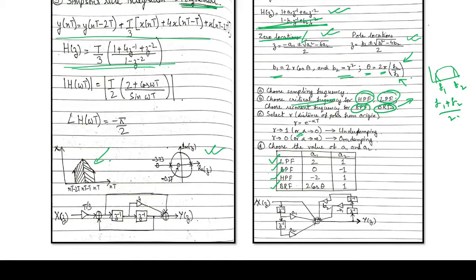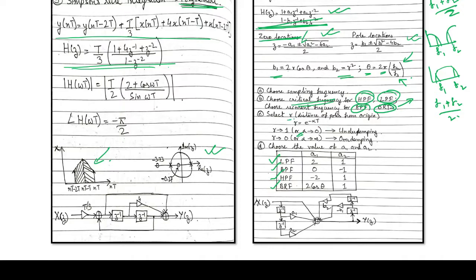Similarly, for the band reject filter, we take the same f1 and f2 and compute f1 plus f2 divided by 2. So we will get the resonant frequency.